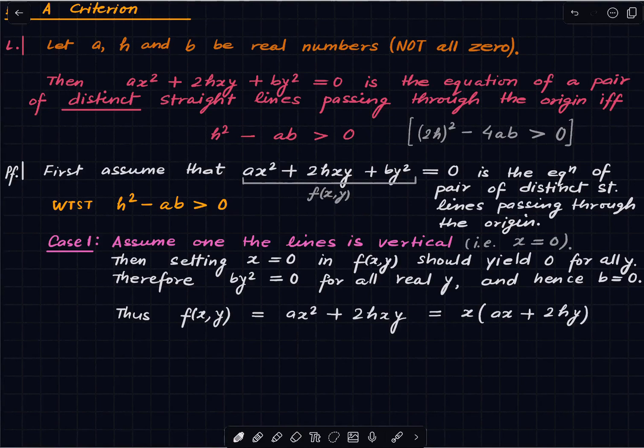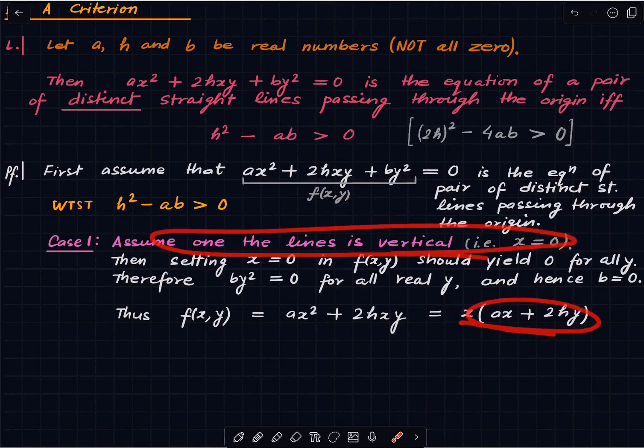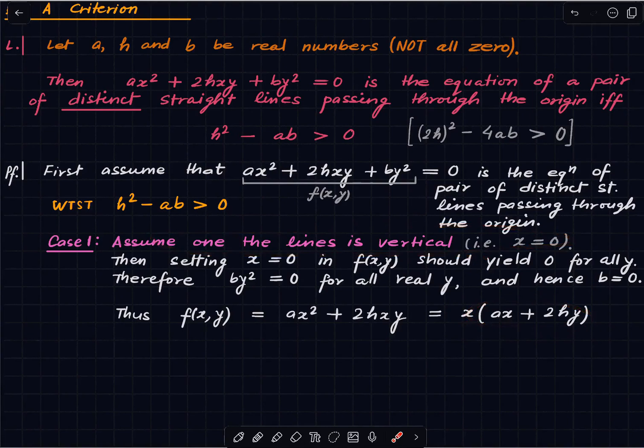Okay. So now we see that, of course, x equals 0 is in the 0 set as evident from it. I mean, we assumed that is the case, so not a surprise. And now, suppose h were 0, then f(x,y) would become x times ax, which is ax square.